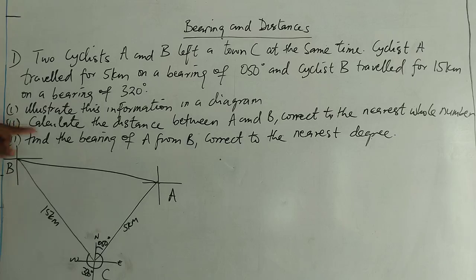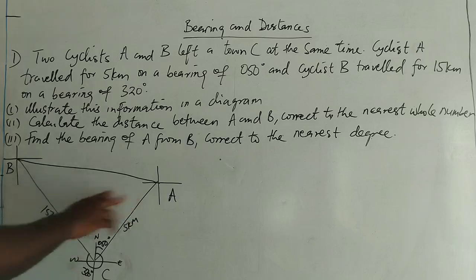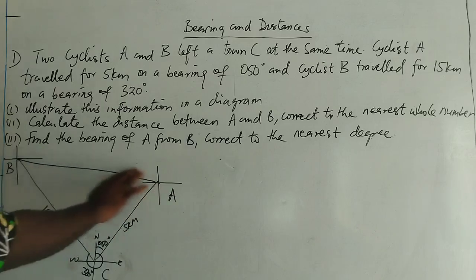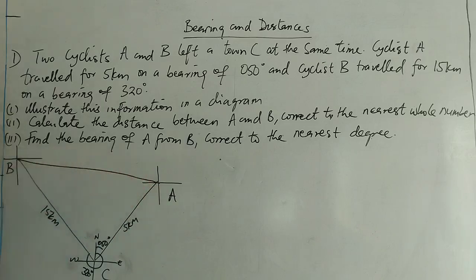The second question says, calculate the distance between A and B, correct to the nearest whole number. If you look at the sketch, you discover that this is our A and B. This side is missing. This side is 5. This one is 15.